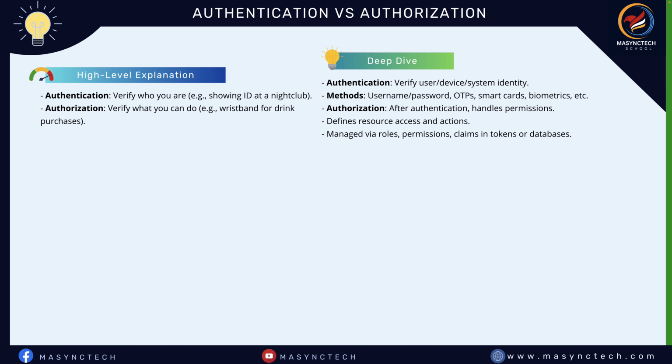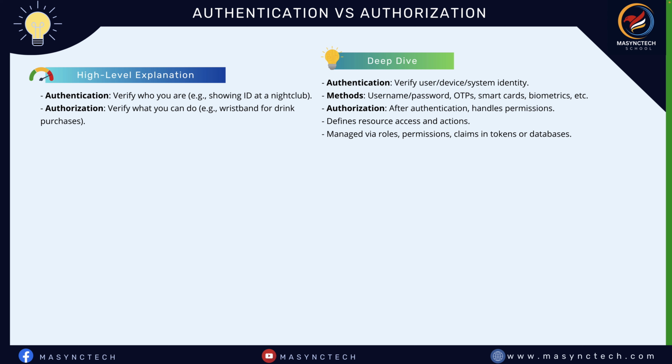Authentication is all about verifying the identity of a user, device, or system. And this process often involves a username and password, but can include any number of methods like OTPs, that is one-time passwords, smart cards, or even biometric verification.